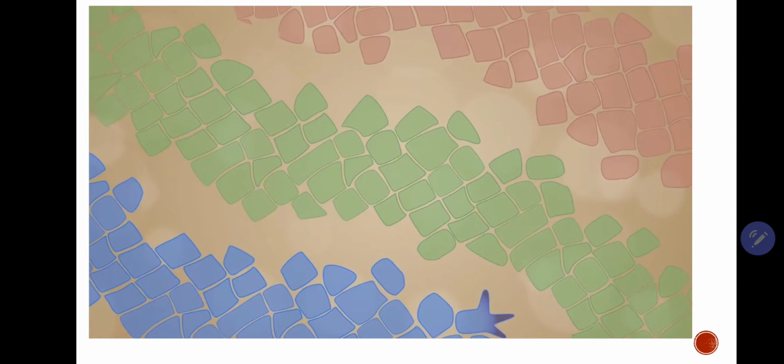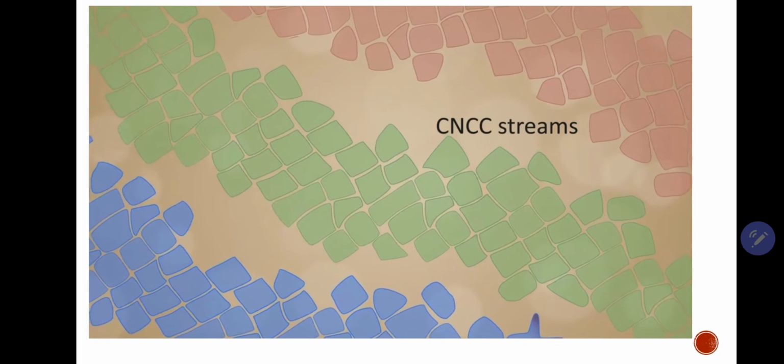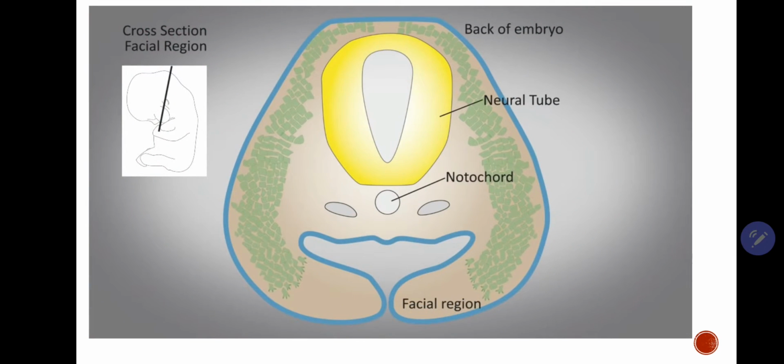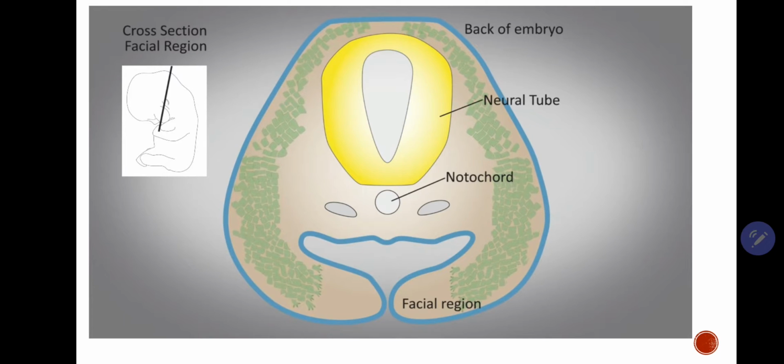Growth, migration, and subsequent differentiation of CNCCs are critically important for proper development of the normal structures of the facial region. Soon after the CNCCs reach their final destination, the facial structures begin to take shape externally.